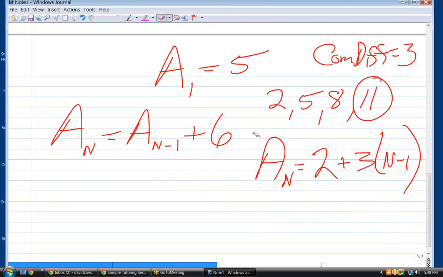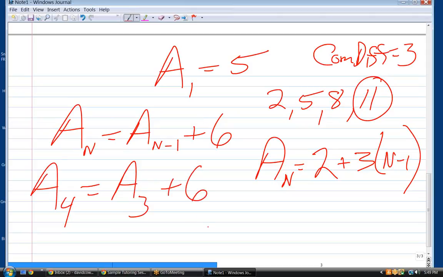Whereas if I look at the recursive definition, this one over here that you gave me, notice that this is the common difference, always, in the recursive definition of an arithmetic sequence. If I wanted to know the fourth term, I'd have to know the third term and add 6 to it.